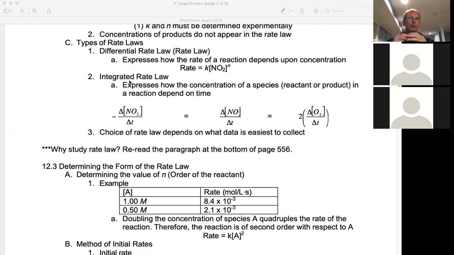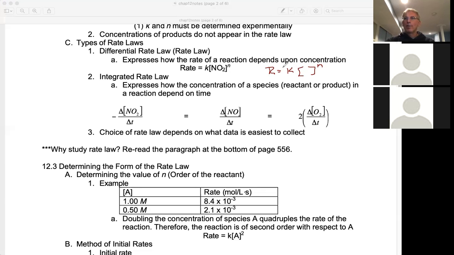Here we just say there's some calculus happening underneath, but we're going to skip it all and I'm just going to give you the easy version. The easy version is that rates are always written in the same form: rate equals k times some concentration raised to some power. This is called a differential rate law. This is one form of the rate law that you're going to see.